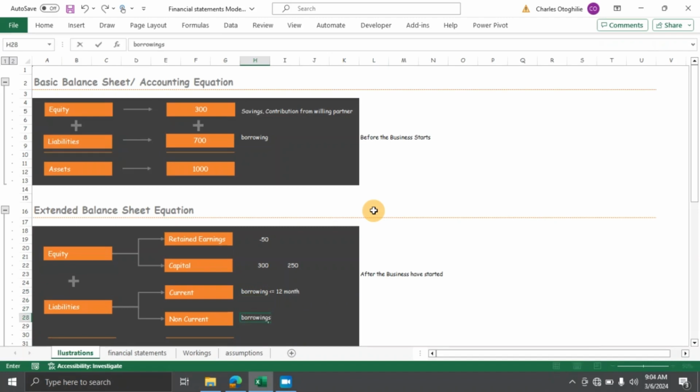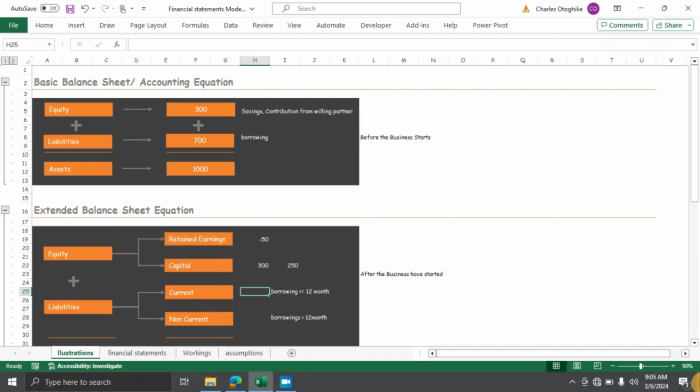Now, just using borrowings to represent them, they could be in different forms, as you're going to see later. So, we could have borrowings that are greater than 12 months. When it's greater than 12 months, it is termed a long-term liability, and so we call those ones non-current.